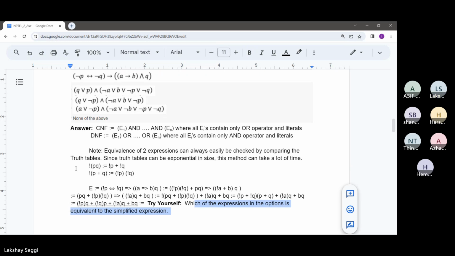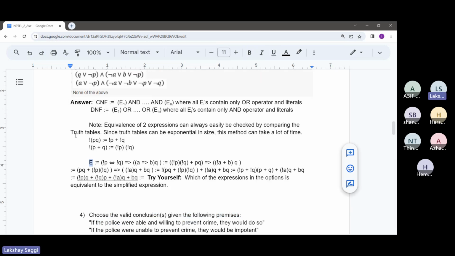So yeah, one more thing. When you see this expression E in this form, in these DNF and CNF forms, they are very useful in the sense that they also give us an idea about the truth tables.